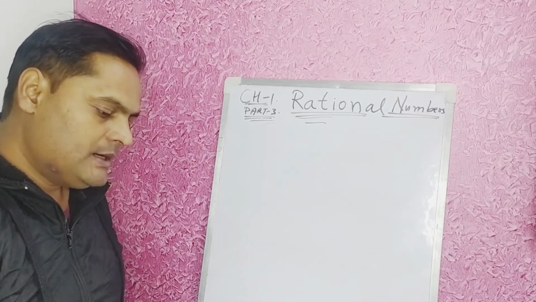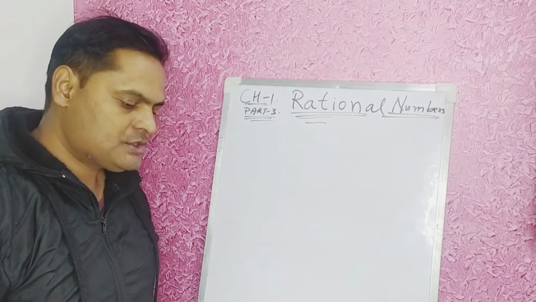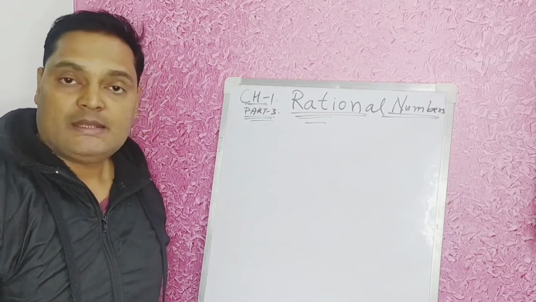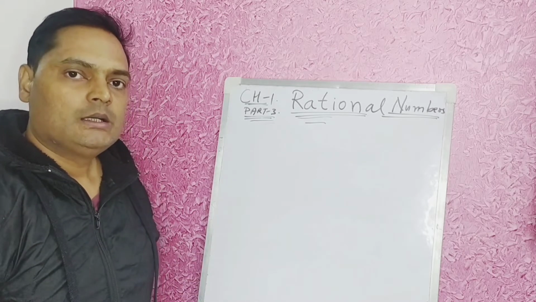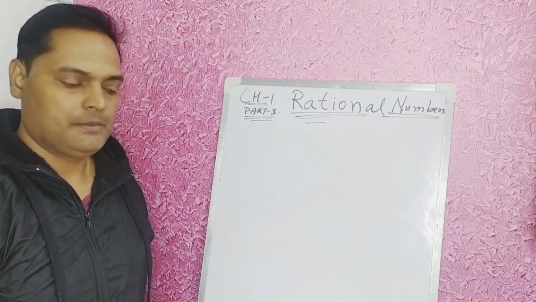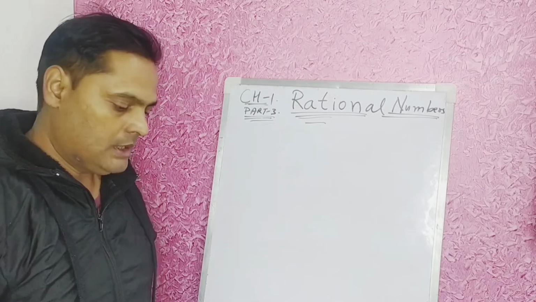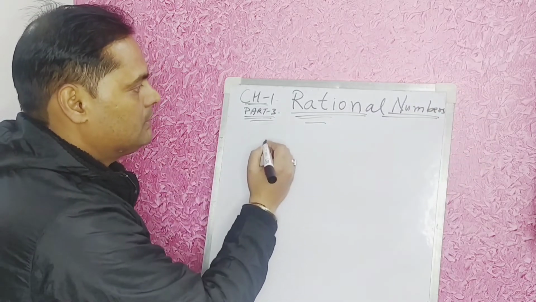Okay, so let's come to the next topic, that is rational numbers on the number line. It's a very interesting and very important thing we are going to learn here.